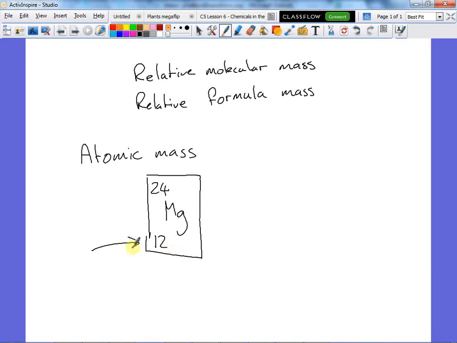So the smaller number is the atomic number. This is also the number of protons. The larger number is your atomic mass.